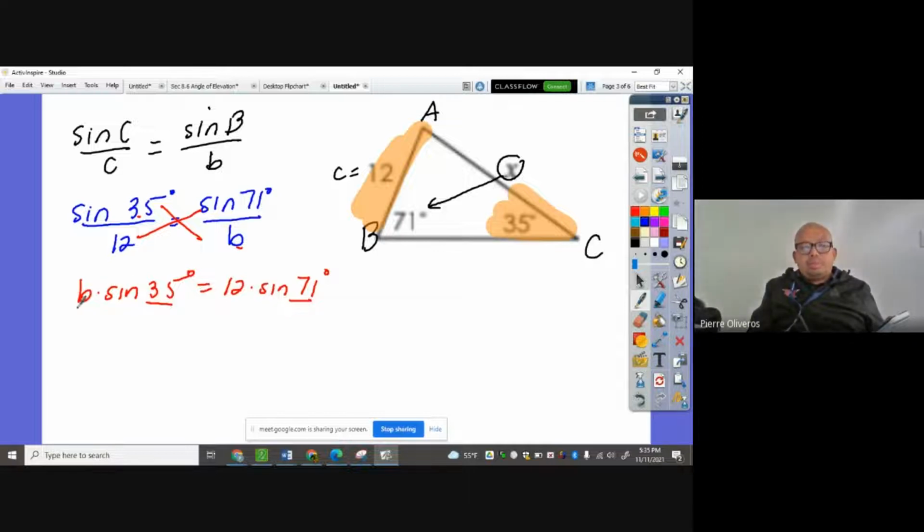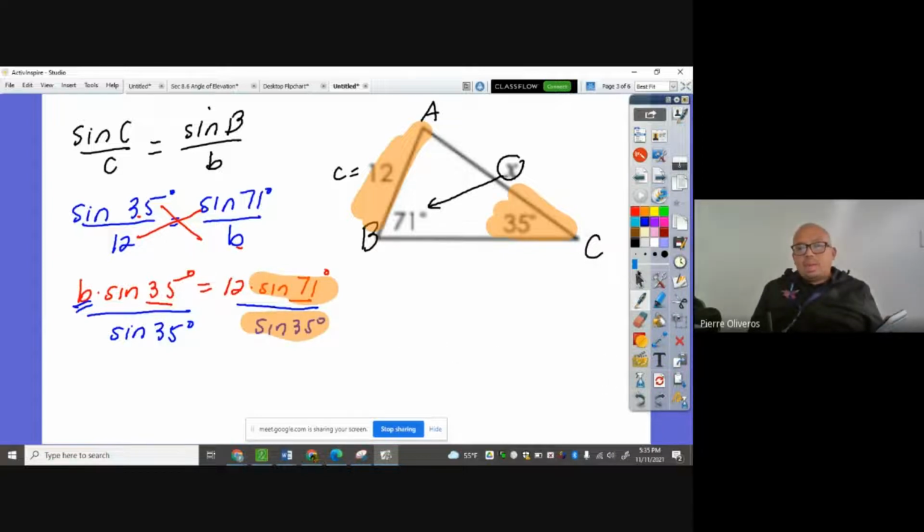And since we're solving for B here, we're going to divide everything by sine 35 degrees. Take note that there's a corresponding value with sine 71 and sine 35, so you cannot divide the sine here. No, don't do that one, okay?